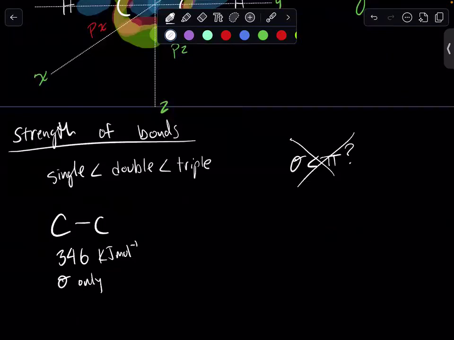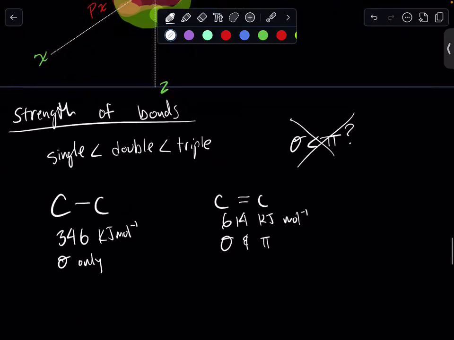Now, if we have a carbon double bond carbon, the energy required to break that is 614 kilojoules per mole. And this is a sigma bond and a pi bond. So what this actually tells me is that if we multiplied 346 by 2, we'll get something like 692.